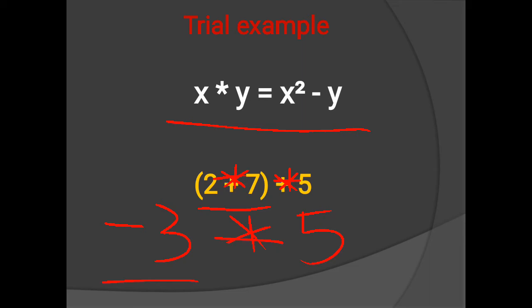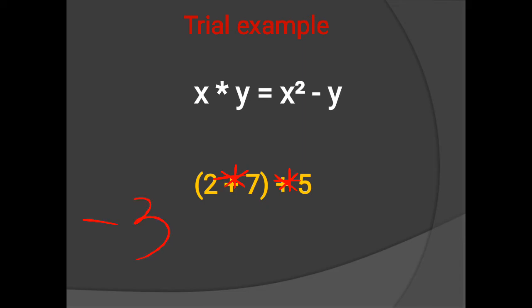Minus 3 operation 5 is going to be minus 3 squared minus y, because minus 3 is the x, then 5 is the y. So it's going to be minus 3 squared, that is x squared, minus 5, which is y.